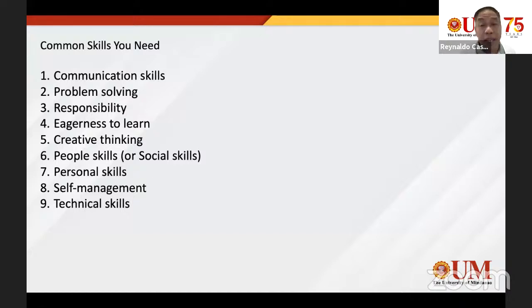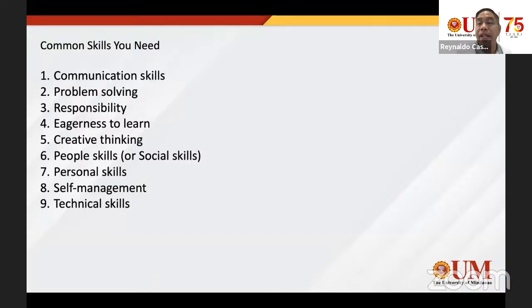In case you are not completely knowledgeable about the task, then your initiative to do research, to ask your colleagues in the office to help you perform the task, your eagerness to learn, your creative thinking, people skills or social skills.